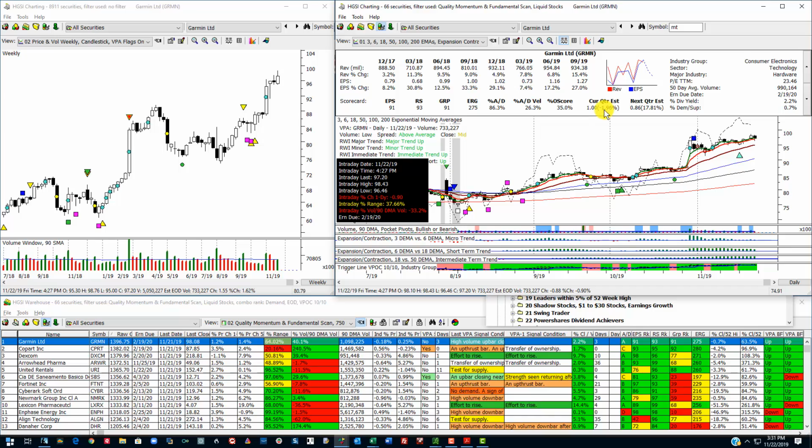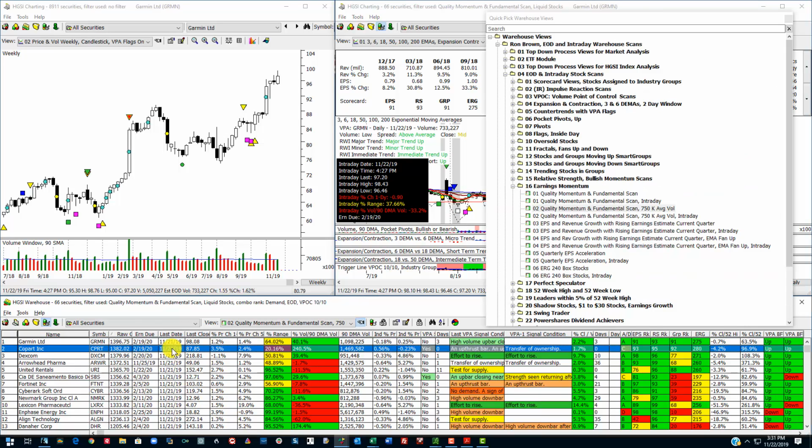If this is correct, the next quarter earnings estimate is going to be down slightly, minus 1.96, but the trend is up. Stock is trading above all of my trend lines. I've had some pocket pivots and so on. So this is a good place to prospect for stocks if you are concerned about earnings, revenue, and EPS.